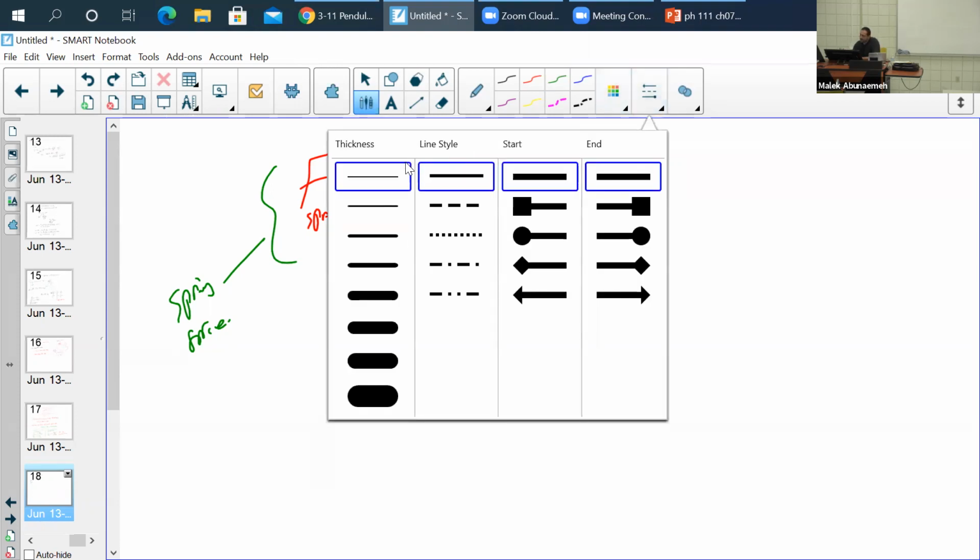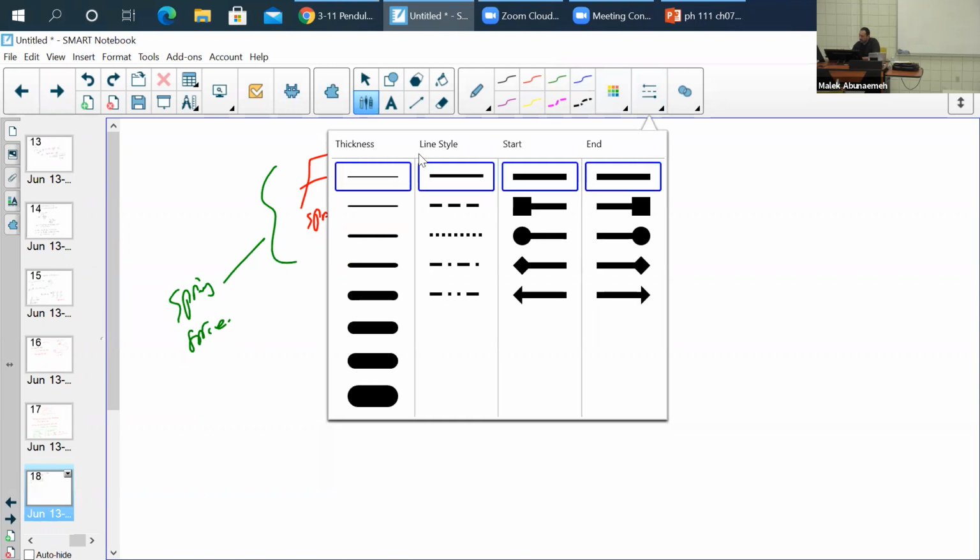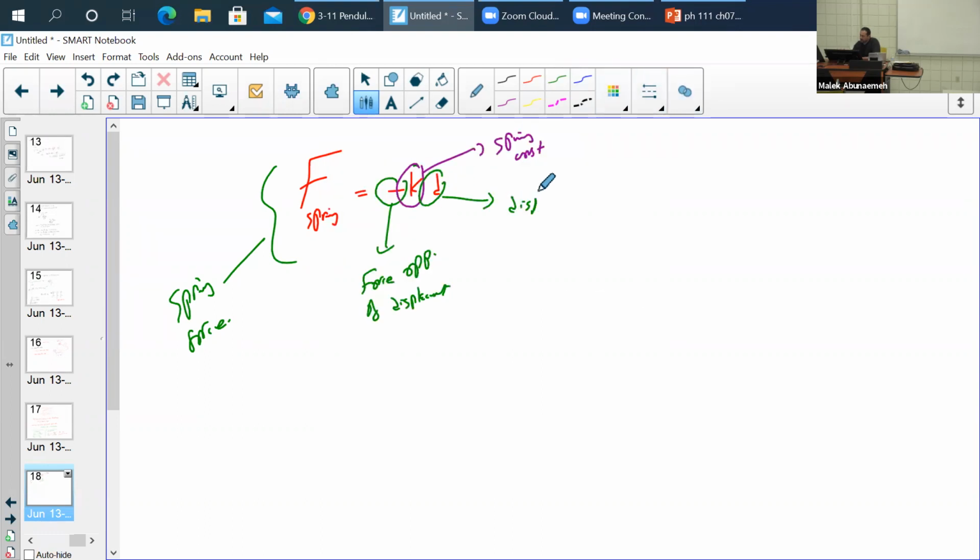Now, the negative sign is because this force is going to be opposite to the displacement. And again, when we move the box back and forth, the frictional force has the opposite sign. Your k is called your spring constant. And that's your displacement.